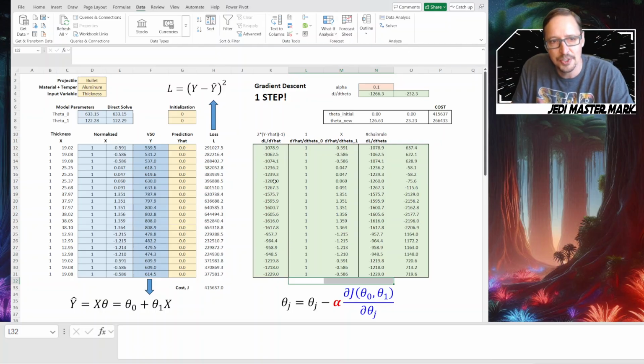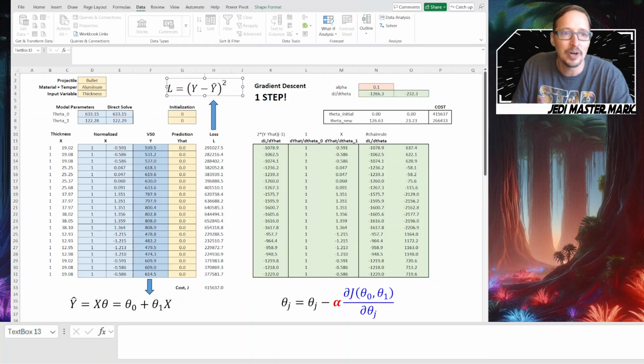So the first thing you have to do is take the derivative of the loss with respect to y hat. Well, what was the loss function? If you look up here, I'm highlighting this equation. The loss is equal to (y minus y hat) squared. So what's the derivative of that with respect to y hat? Well, you take the exponent 2 and move it out front.